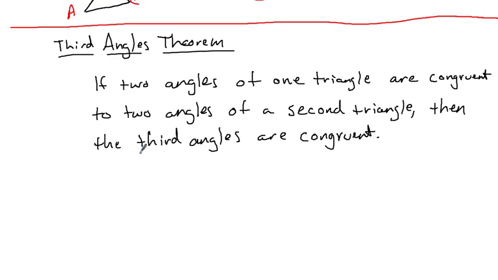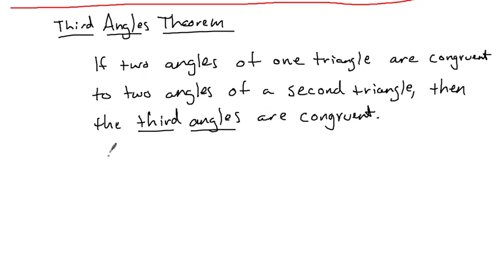Okay, so this is a theorem we're going to use in a proof, and it's about the third angle. So it's going to be when you know the first 2 angles are congruent, and you want to say that the third angle is congruent.